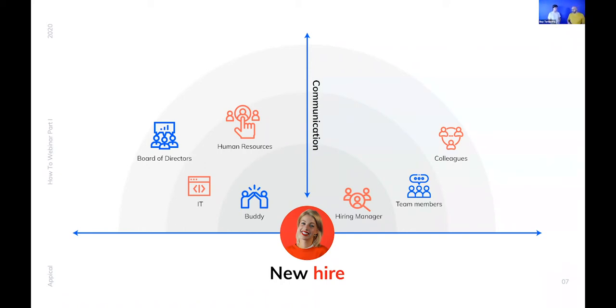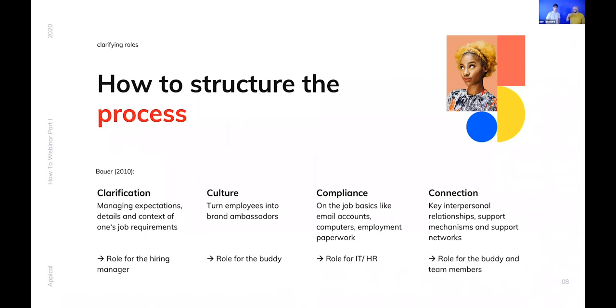Yeah, well, when we're doing our implementations, we try to think of what is the best way to achieve that the information that the new hire needs really comes through. And we do that by using the 4C model as proposed by Bauer in 2010, which says that a good onboarding has all of these 4 C's. Let's go through them.